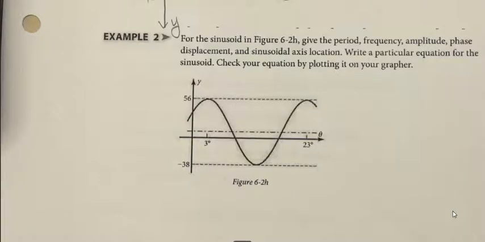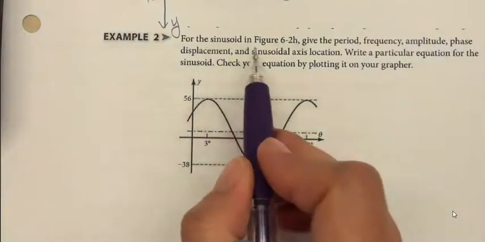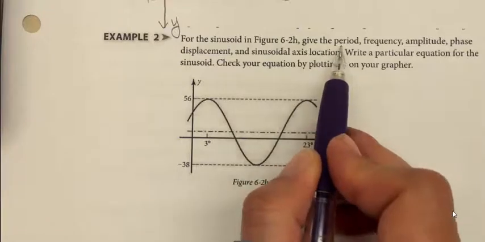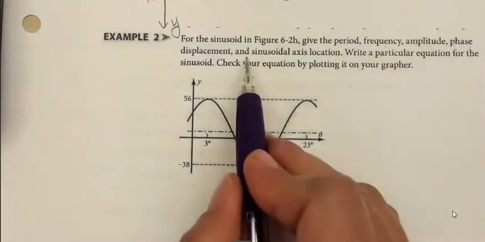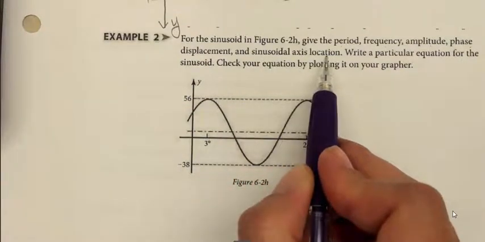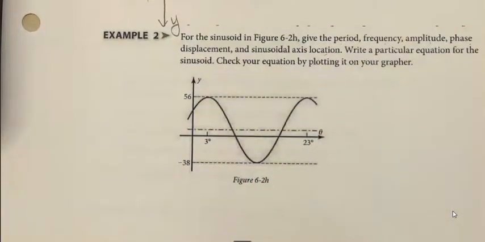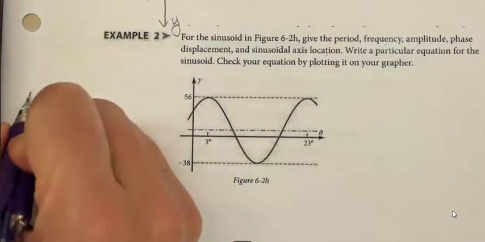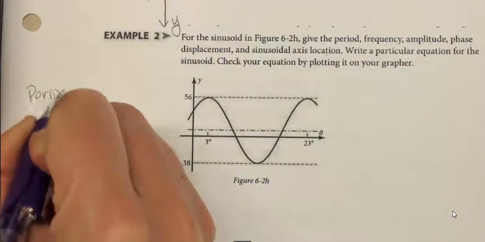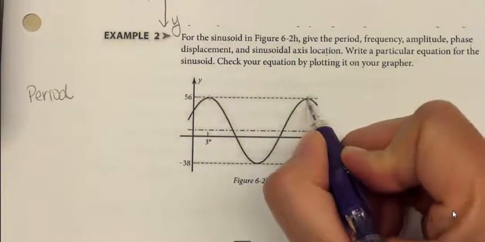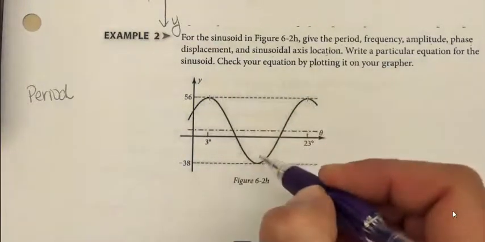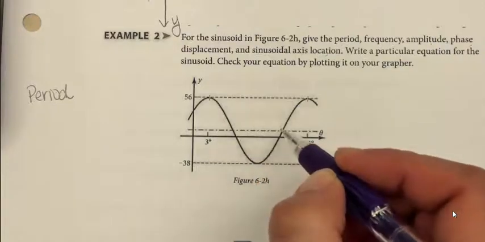Moving on to example 2, for the sinusoid in this figure, give the period, the frequency, the amplitude, the phase displacement, and the sinusoidal axis location. Let's start with our period. I notice that this goes from its highest point, once again to its highest point, after going to its lowest point and touching the midline twice.